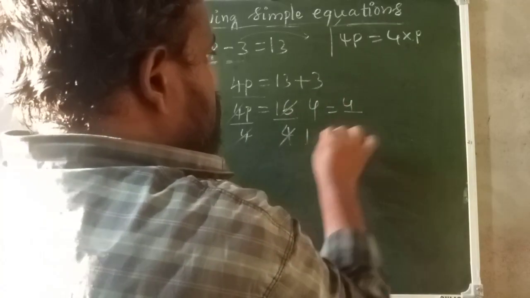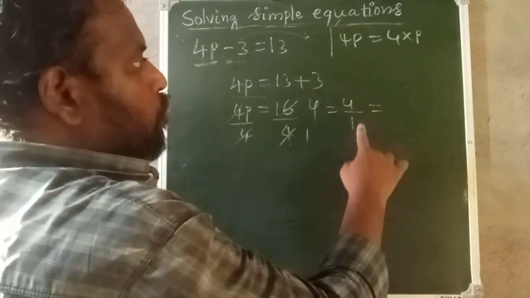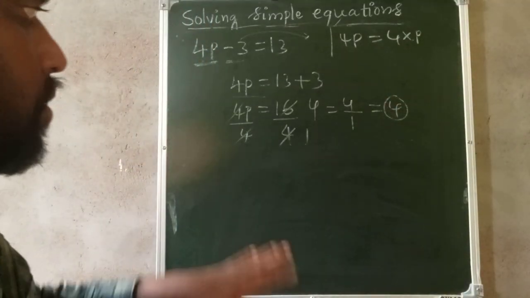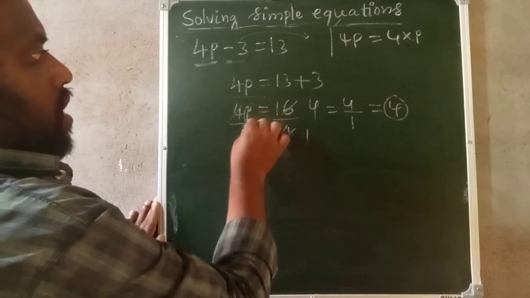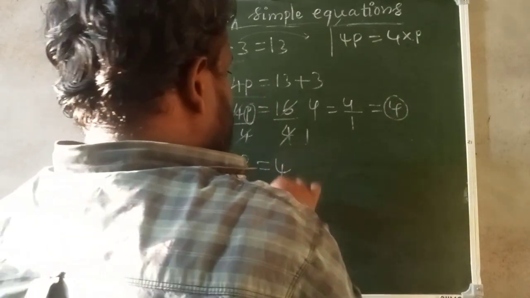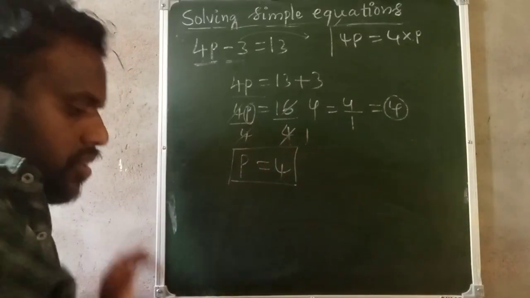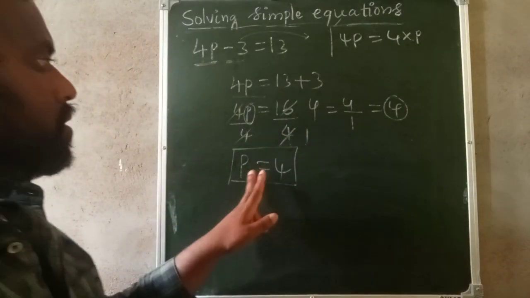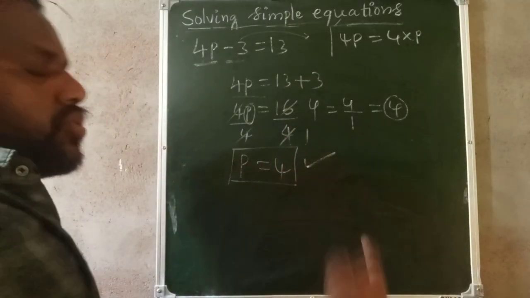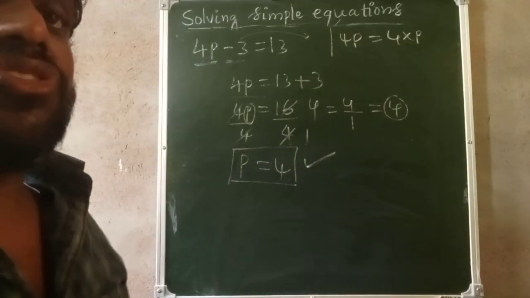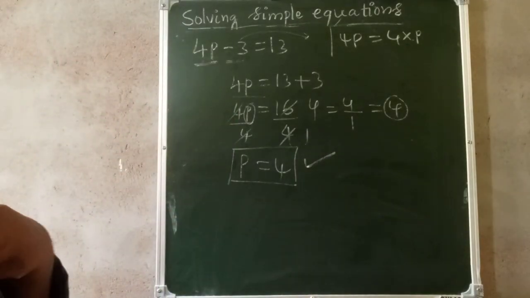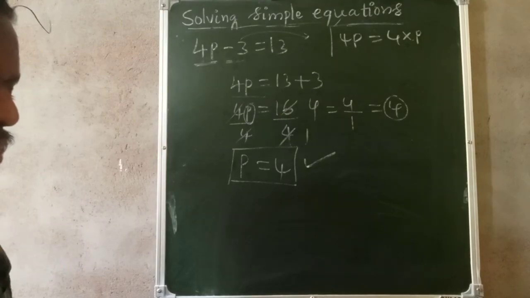Now whatever is left, write it here. So here we are left with p is equal to 4. See, this p is equal to 4 is the correct answer. Okay, so this is the answer.